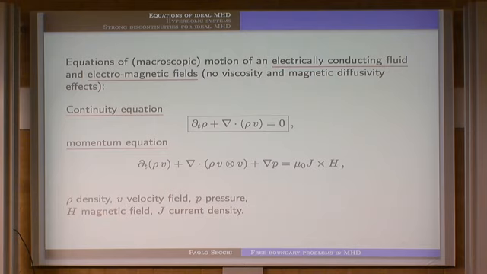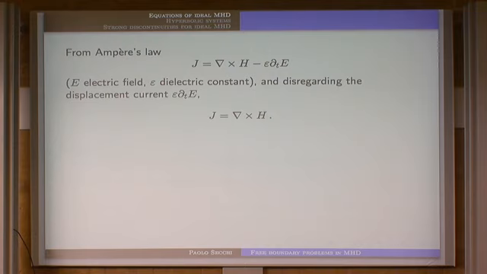And here on the right-hand side, we see J. J is the current density multiplied by the vector product by H, the magnetic field. Now we take the Ampere's law written in this form.